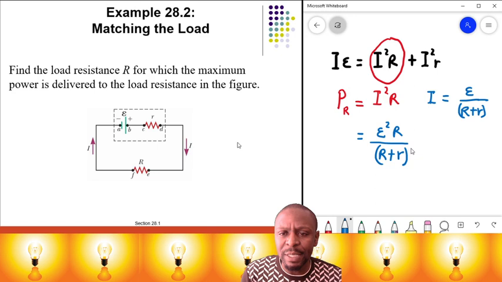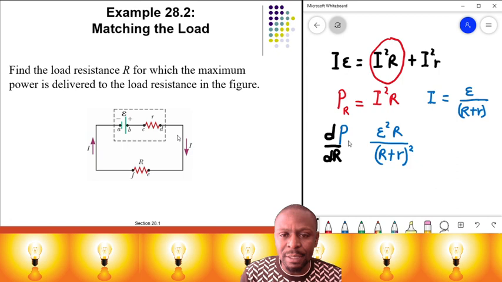Now in this case, whenever you calculate the maximum power to the load resistance, to get the minimum or the maximum, you just have to take the derivative of power with respect to R. That must be equal to E squared times d over dr of that expression.